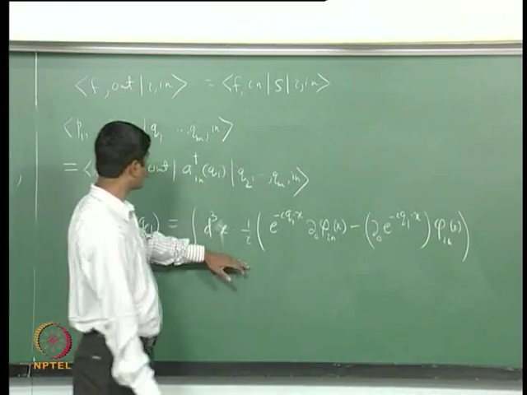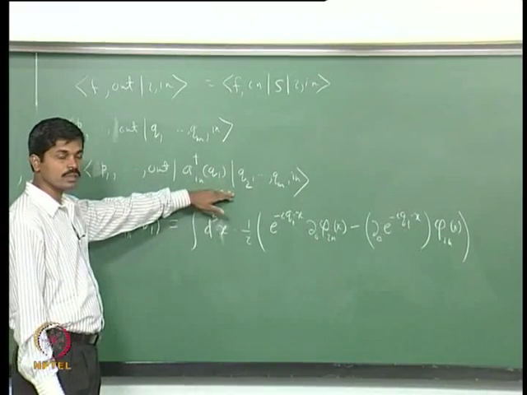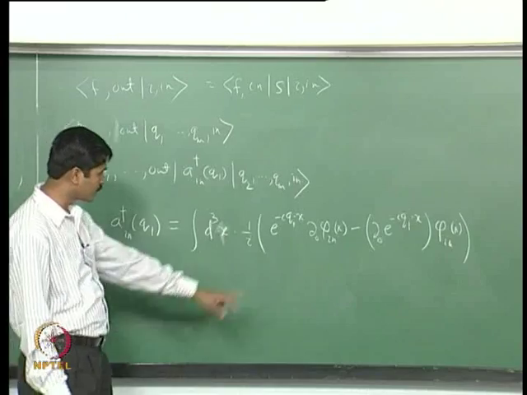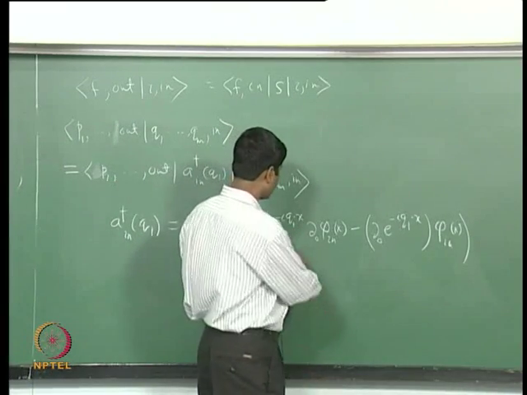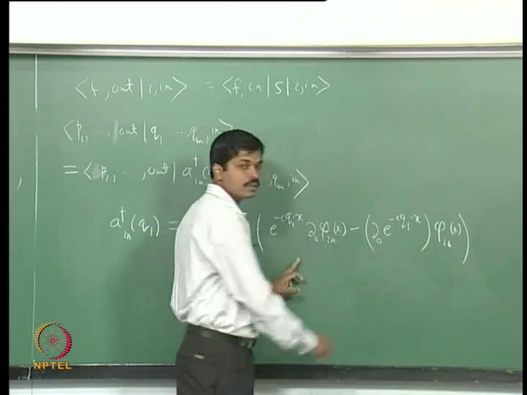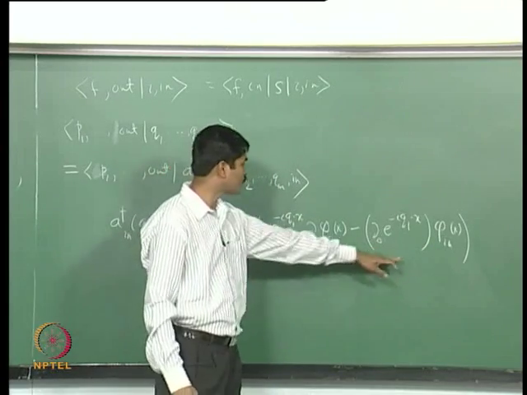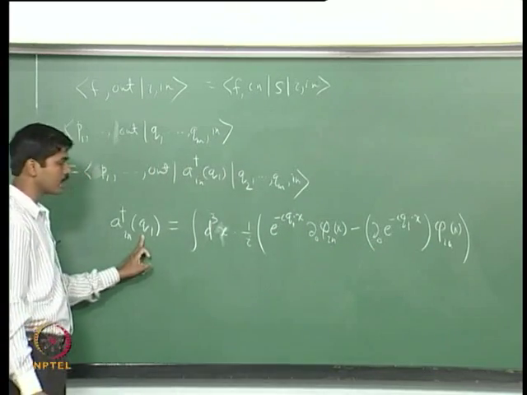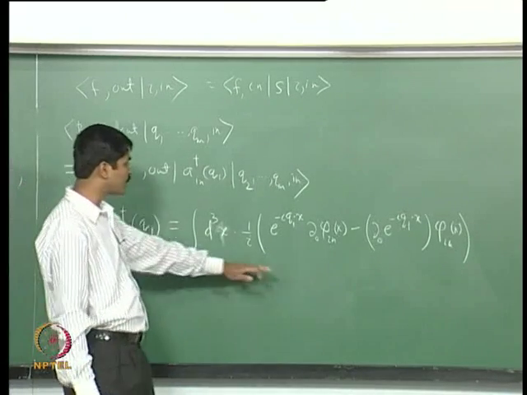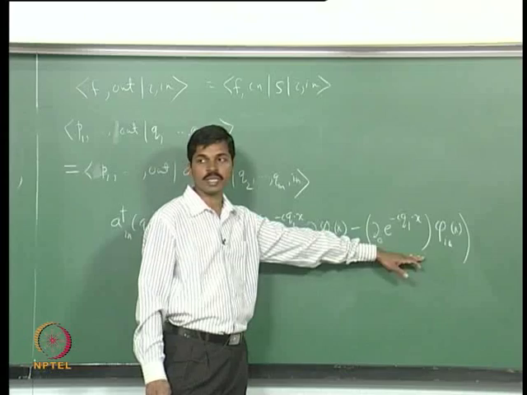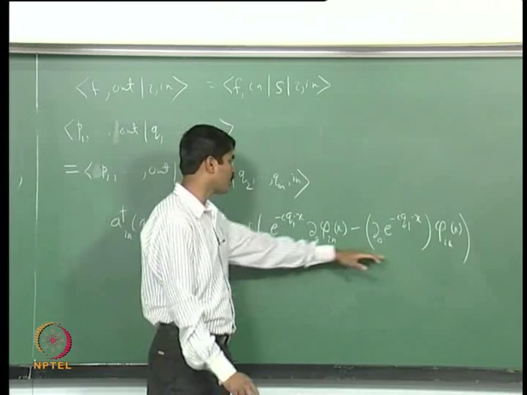So, you can substitute this expression here. Remember that although each of these terms here depends on t, the t dependence goes away and this is some quantity which is independent of t. So, you can evaluate this integration at any given time you like.